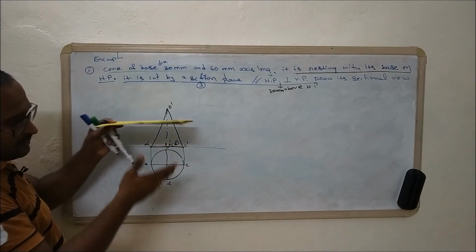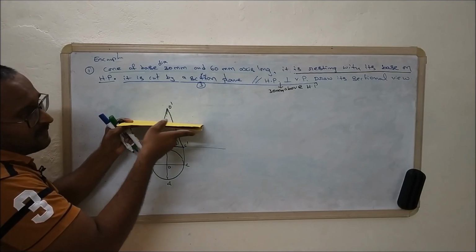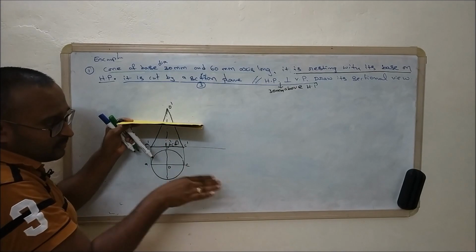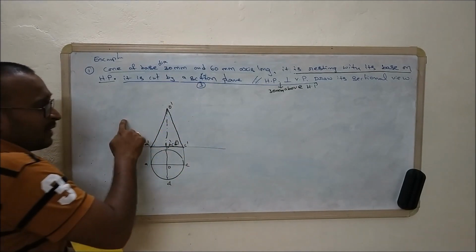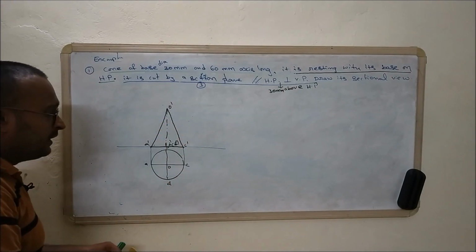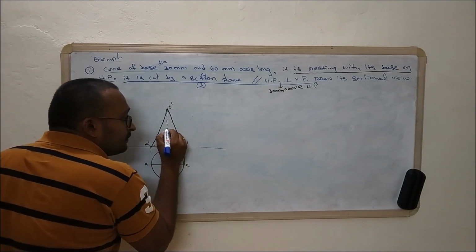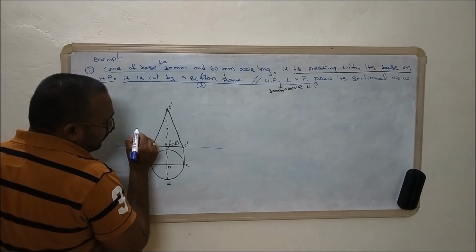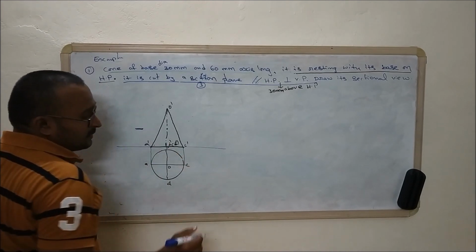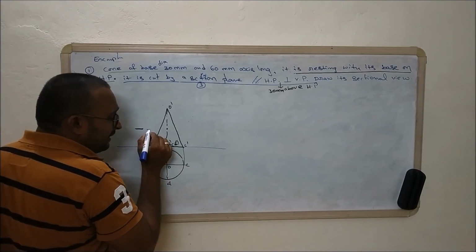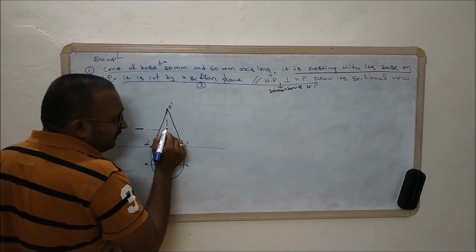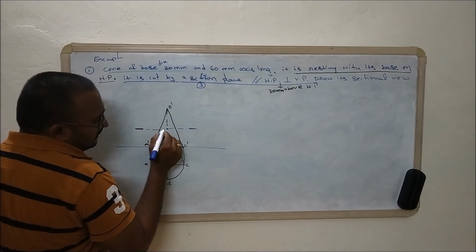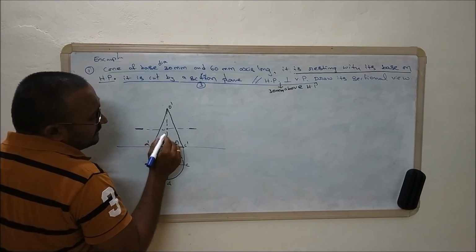It is cut by a section plane perpendicular to VP and parallel to HP. So we need to mark 30 mm from the base, above HP. Then we must start with a thick line, then thin lines, then finally a thick line. This is the way we represent the section plane.